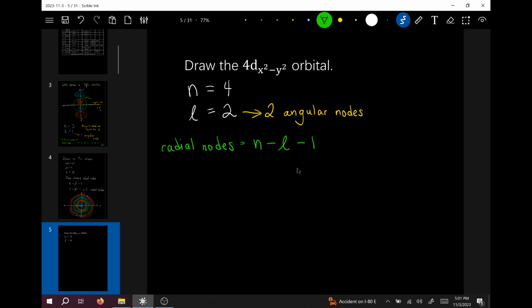Since our n value is equal to 4 and our L value is equal to 2, 4 minus 2 is equal to 2, and 2 minus 1 is equal to 1. So we're going to have 2 angular nodes and 1 radial node.